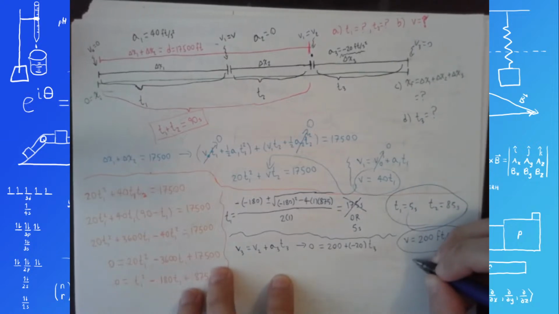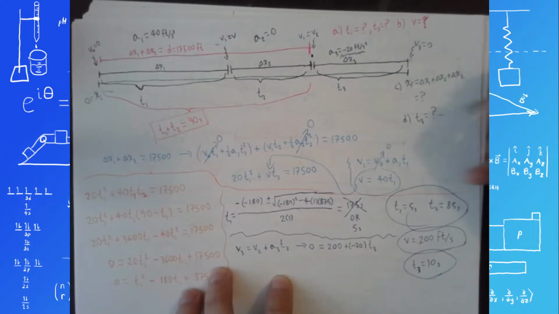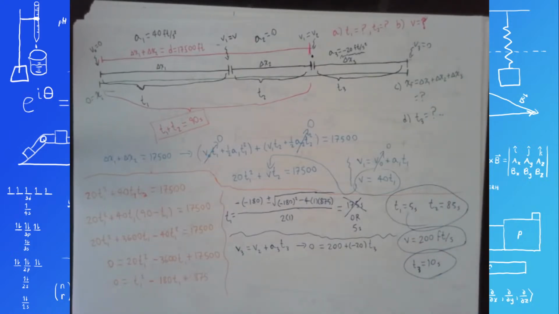T3 is equal to 10 seconds. Okay, so we solved part D a little earlier than intended, no problem. We could then plug this into the second equation to solve for part C. Or we can act as if we did not just calculate the time and use the third equation instead.